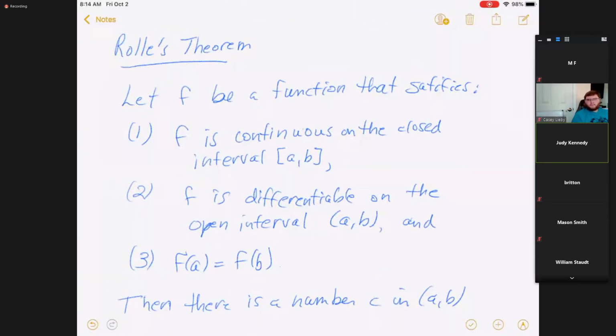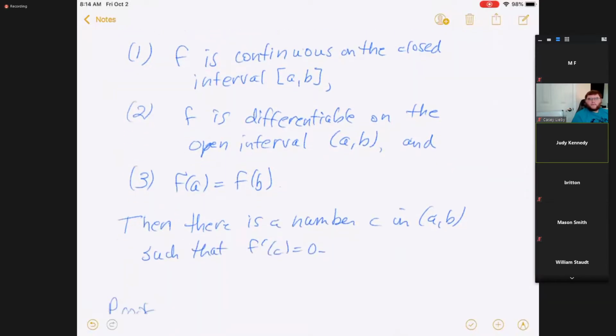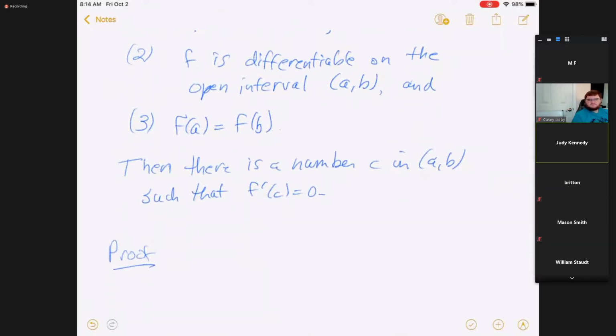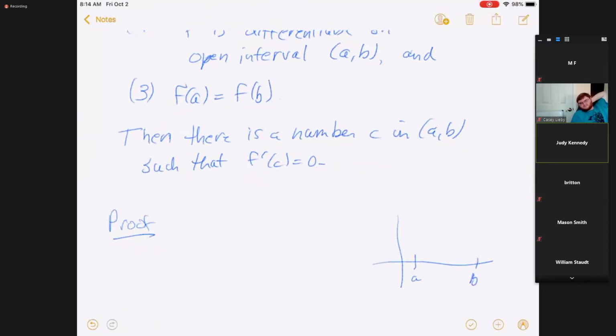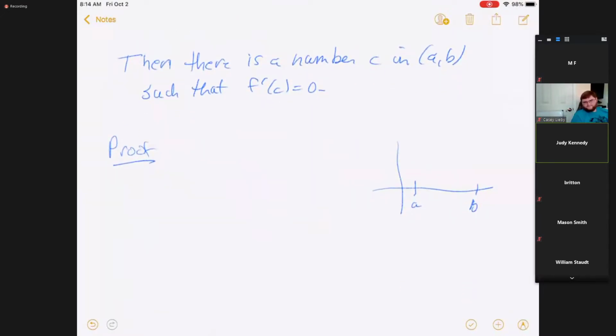We're actually going to prove this. But let me draw you a picture. Suppose that's A and that's B, and we're assuming f of A is equal to f of B, so that's the same height.